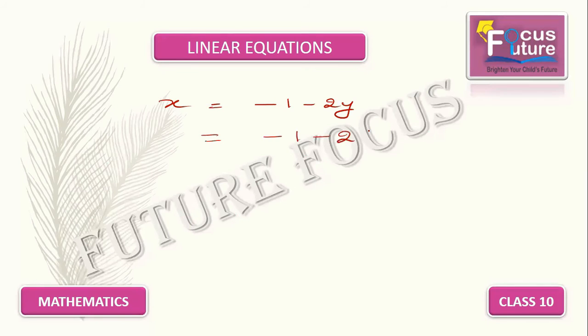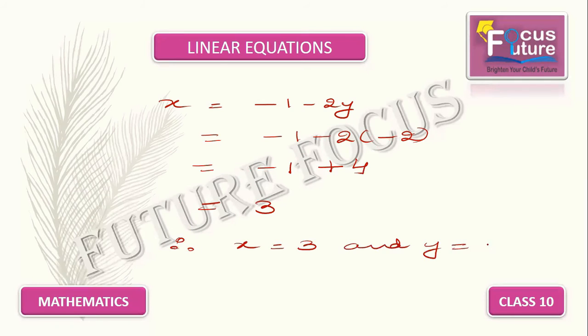Minus 1 minus 2 into minus 2. Minus minus would be added and 2 twos are 4. So 4 minus 1 is 3. Therefore your x is 3 and y is minus 2.